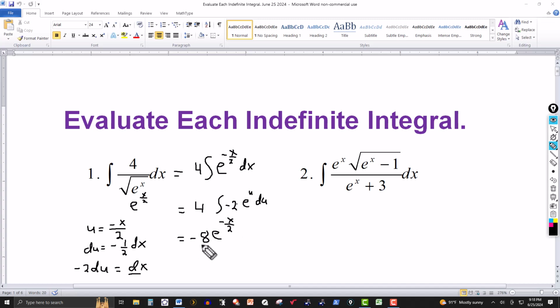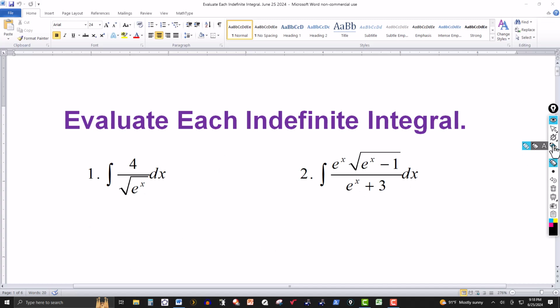So I get -8 e to the -x over 2, and I have the constant of integration. So being familiar with the formula for the integral of e to the u du allows me to rewrite this in terms of u, and I get this answer right here: -8 e to the power of -x over 2 plus a constant.